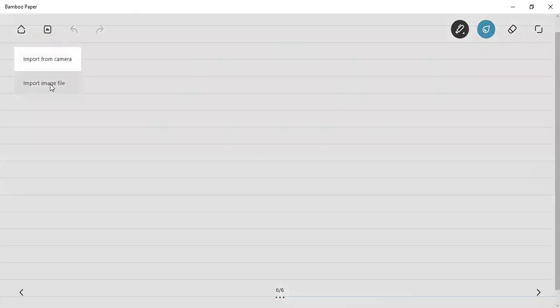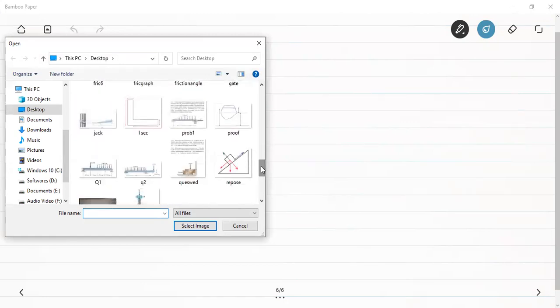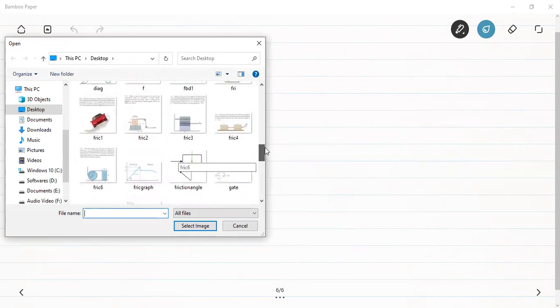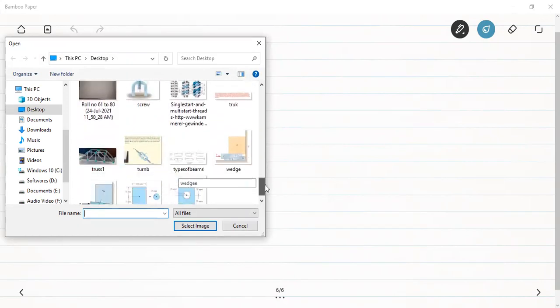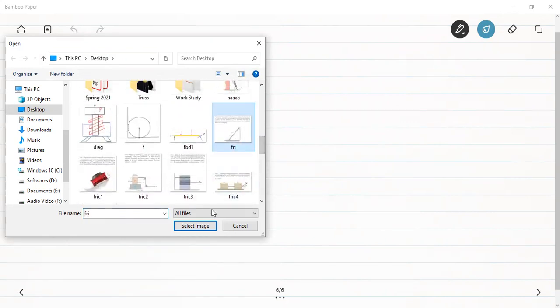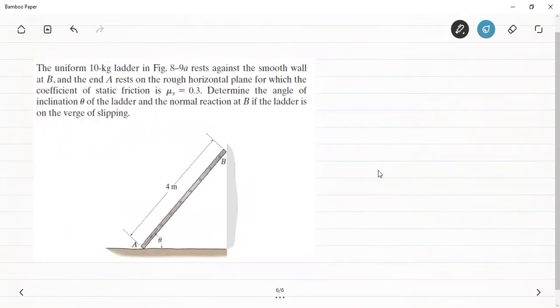So let's see one brief problem. This is one solved example in our R.C. Hibbeler text. A uniform 10 kg ladder rests against a smooth wall.